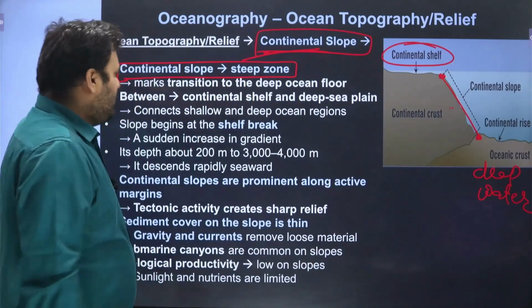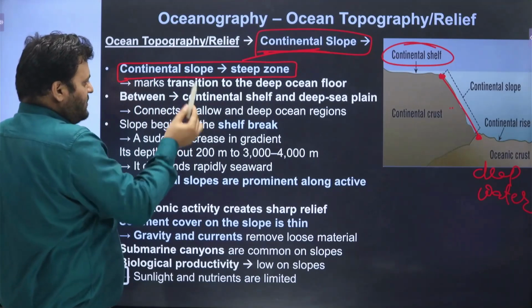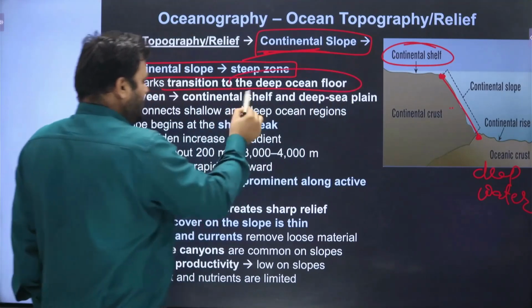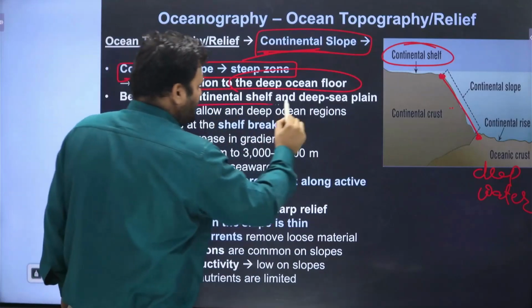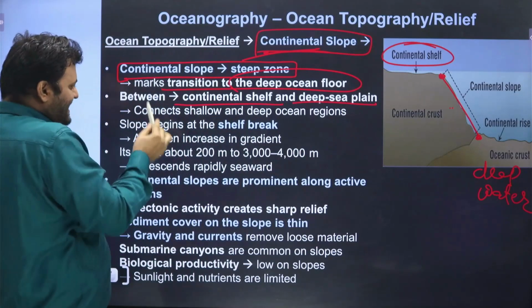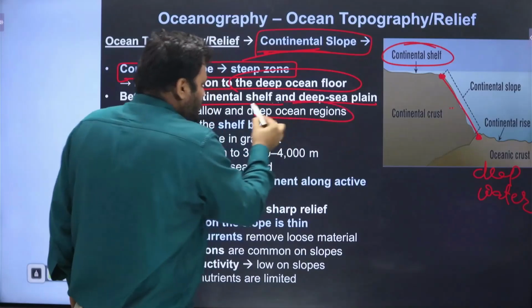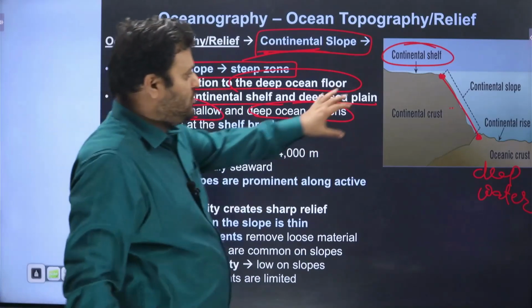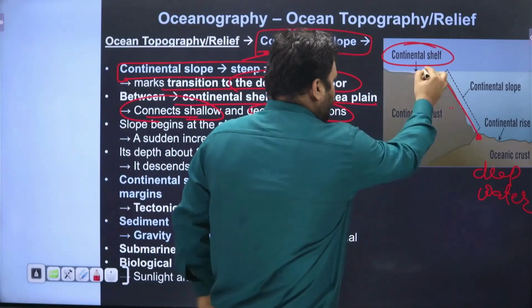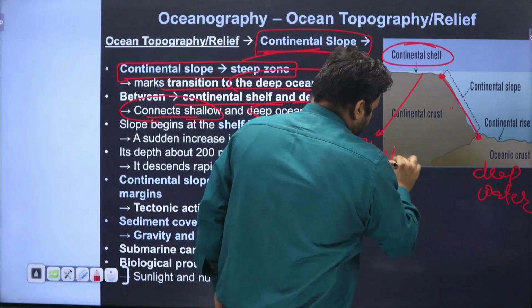It is a transition zone between the deep ocean floor, the continental shelf, and deep sea plains. It connects the shallow and deep ocean regions. Shallow means the continental shelf, which is the shallow water region, and the other is the deep water region.